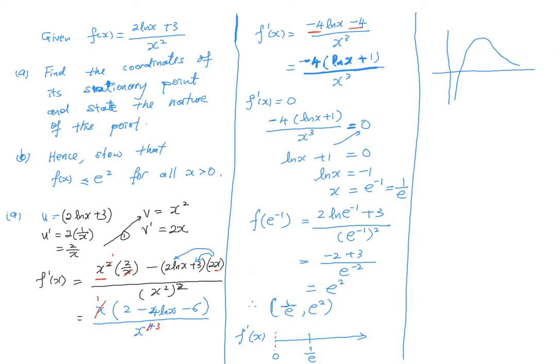Am I right? Has anyone tried? This is your f(x) graph. So this is your stationary point. So when you look at the sign diagram, you know that this is, here is, yeah.